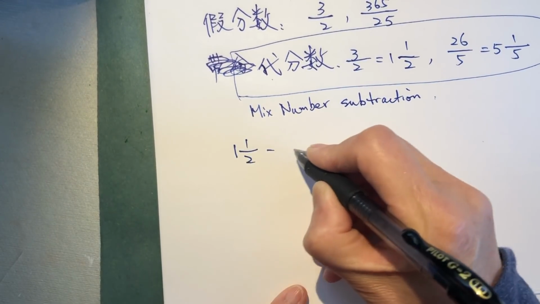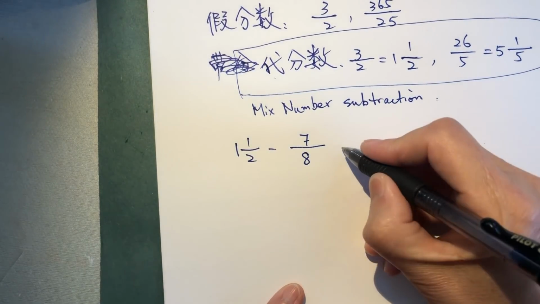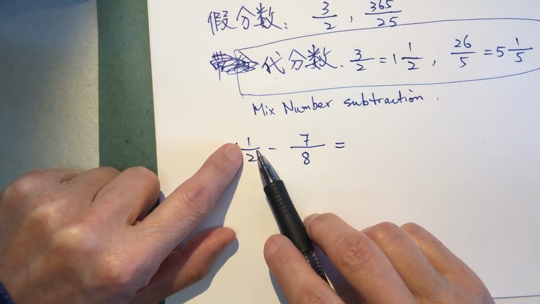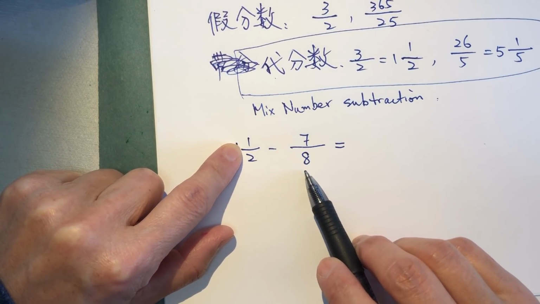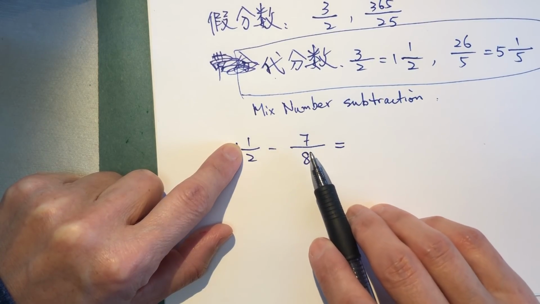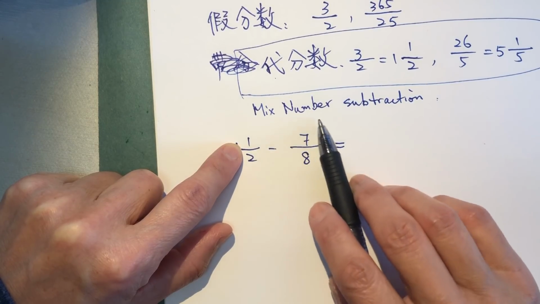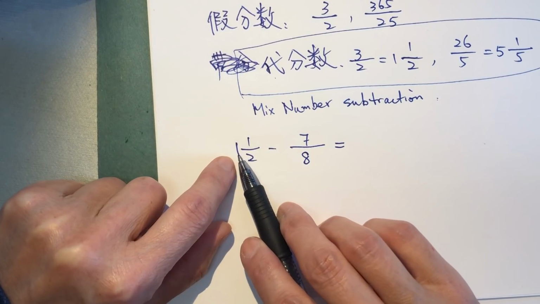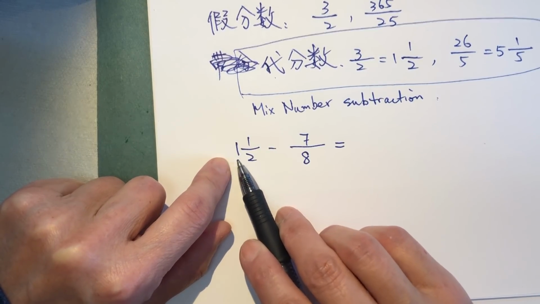1又1/2减去7/8. So the first thing, you can see a half is smaller than 7 over 8. 4 over 7 is half, and 4 is smaller than 7, so it's more than half. You need to borrow from the mixed number, from one number before.